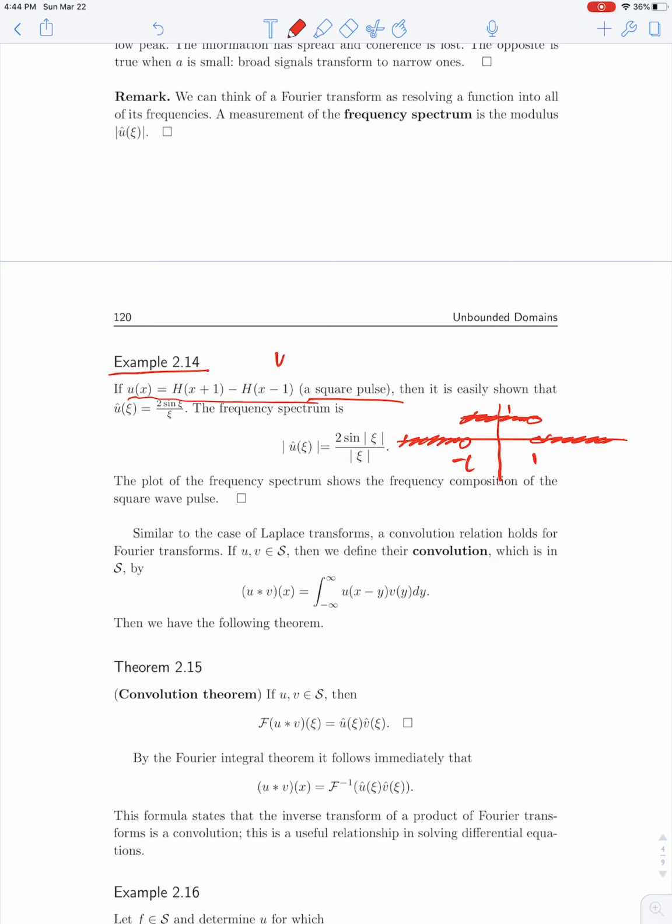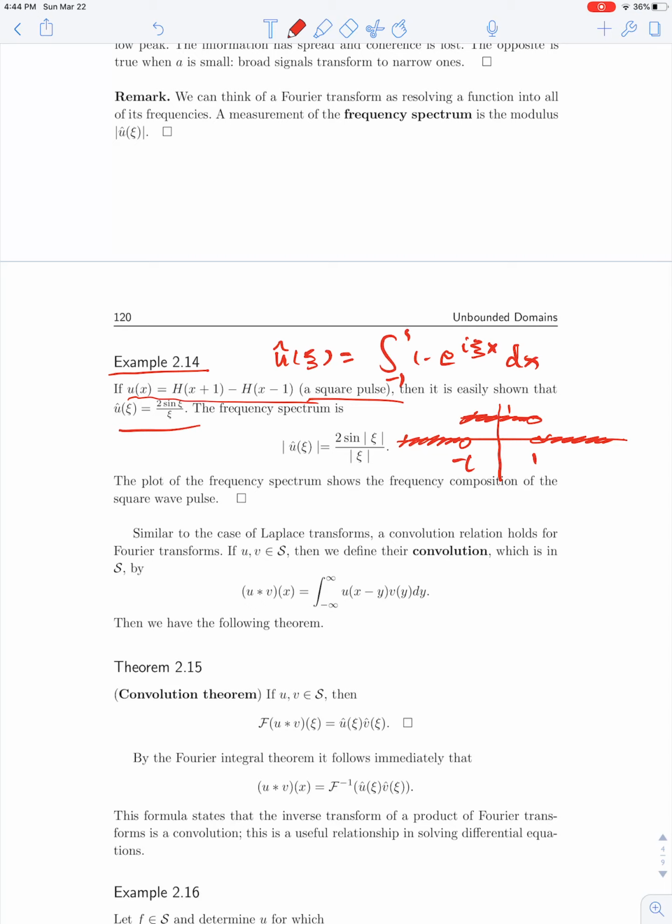The function is only non-zero from -1 to 1, where it is 1, so the transform is the integral of e^{-icx} dx, and if you integrate this, you will see that this is exactly what we have here.